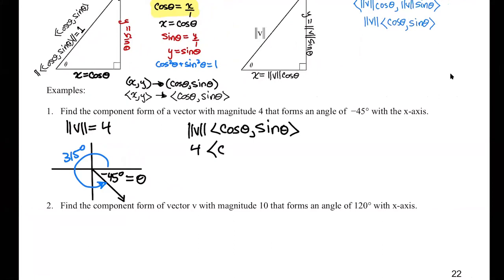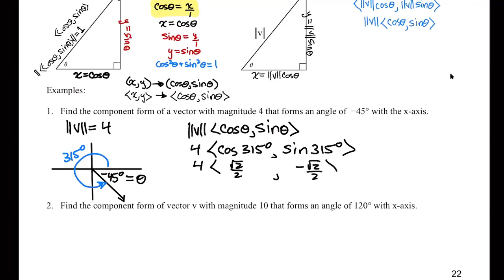All right, so cosine of 315, and then the sine of 315. Both have 45-degree reference angles. In the fourth quadrant, ASTC tells us that cosine is positive, sine is negative. So we're looking at radical 2 over 2, comma, negative radical 2 over 2. Multiply those by 4, and we'd be looking at 2 radical 2, comma, negative 2 radical 2.